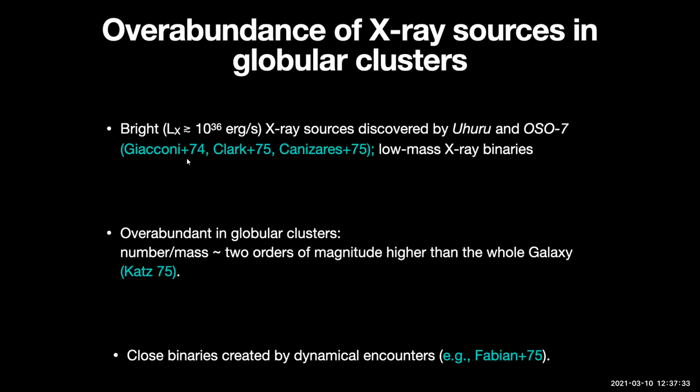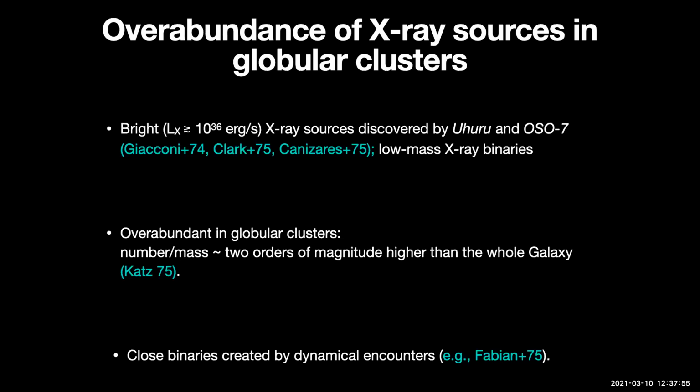Later, it was found that globular cluster X-ray sources are overabundant compared to the whole galaxy. If you do a rough calculation, the per unit mass number of X-ray sources in globular clusters is roughly two orders of magnitude higher than for the whole galaxy.